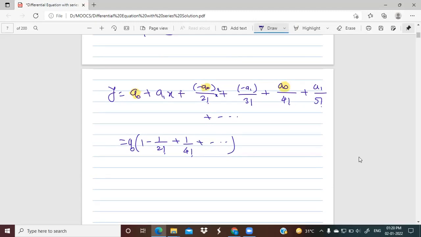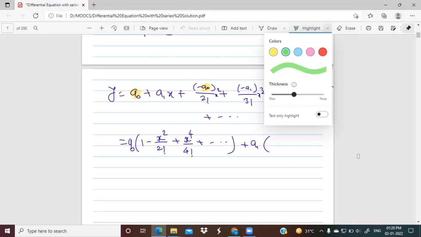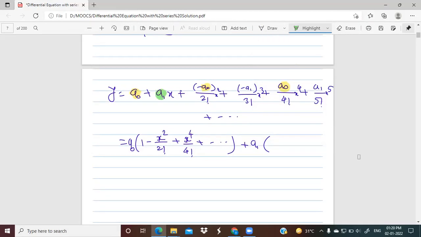And the x terms are plus a1 into x minus x cube divided by 3 factorial plus x to 5 divided by 5 factorial, and so on.